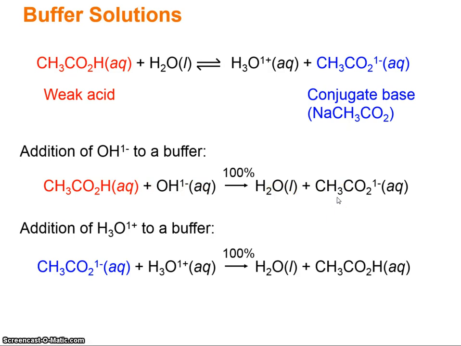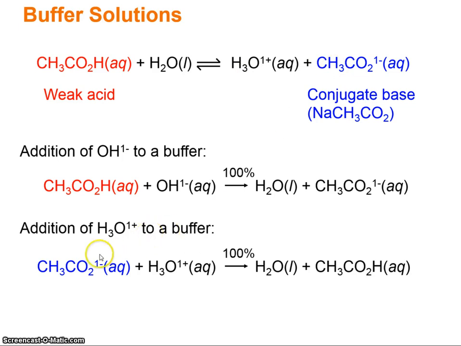Well, the conjugate base, because it's in equilibrium with the conjugate weak acid as a common ion problem, is going to resist that change. Same thing happens when adding H3O plus. If I add H3O plus to this buffer, I'm not only adding some of this, I'm trying to make some of this.